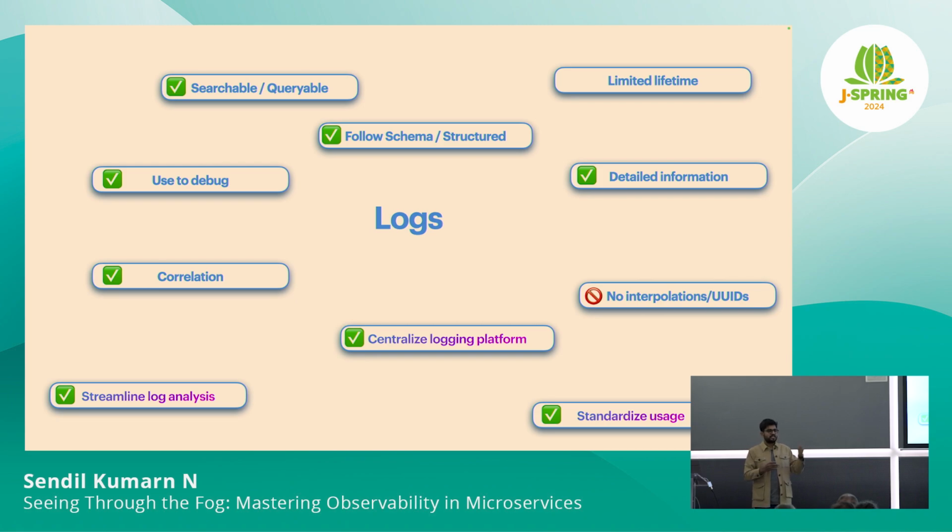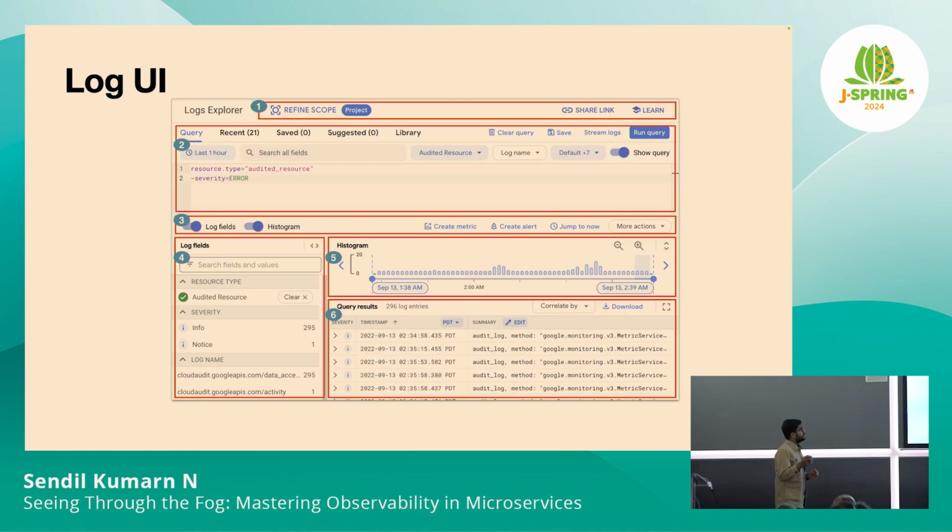A correlation ID is like the same ID, for example your session ID, that can be used across multiple services. So if you hop across multiple services, you can see how a user journeys through with that correlation ID. You can do all these things with logs, but you have to understand they have a very limited time, and do not pay more for it. This is from GCP. The logging environment that we use in all the microservices world is something like this.